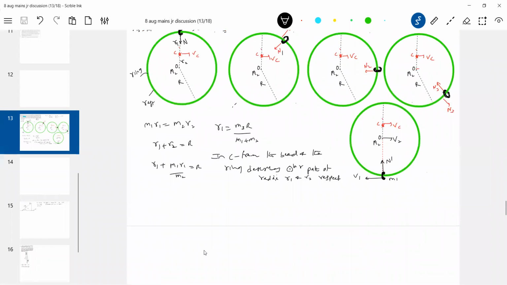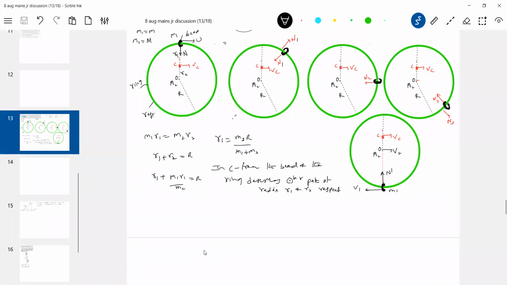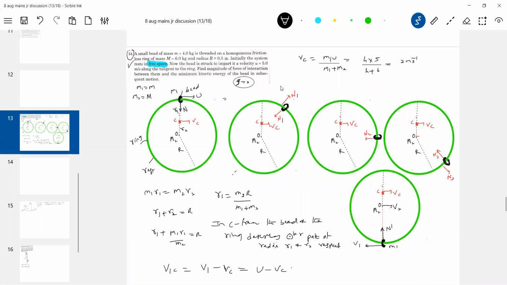Now looking at this diagram, we'll write the equation. So what is the velocity of center of mass? The velocity of the ring with respect to center of mass, V1C, should be equal to V1 minus Vc. V1 is U. Now, Vc is 2 meter per second.